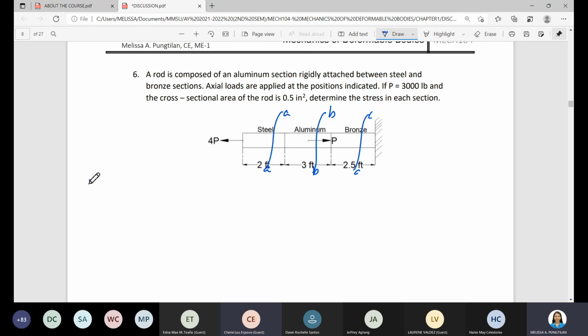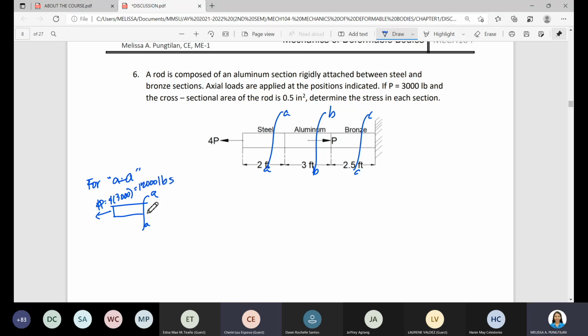So, for exploratory section AA, so 4P daw, and our P is equal to 3,000 pounds. So, it is equal to 4 times 3,000 is equal to 12,000 pounds.